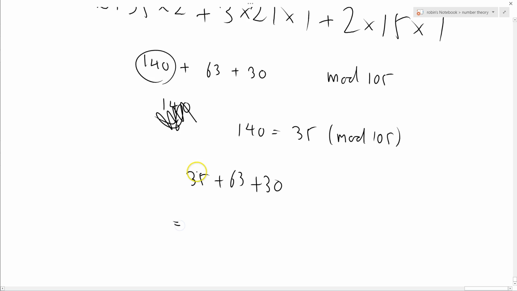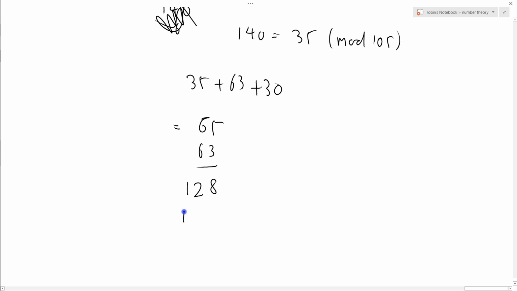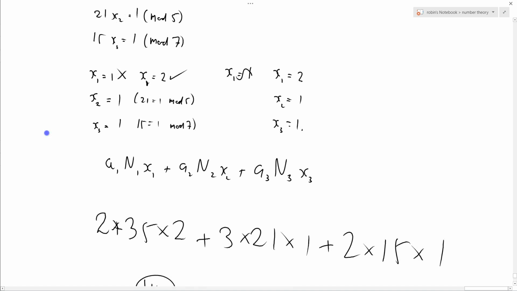That's 98 plus 30, that's 128. And again I can subtract off 105, which leaves me with 23 modulo 105. So 23 is a solution to our original equation.